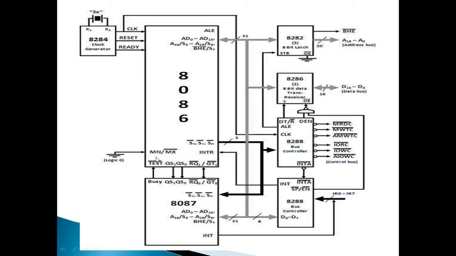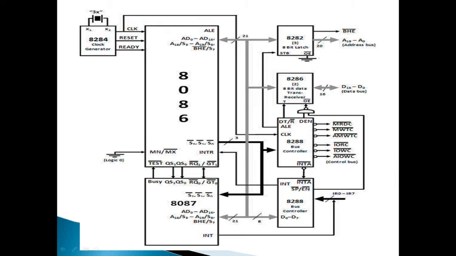It means the system is in the maximum mode, and the status lines of 8087 and 8086 are connected to the bus controller, which generates the control signals. We can refer to either figure, no problem, both figures are logically the same.